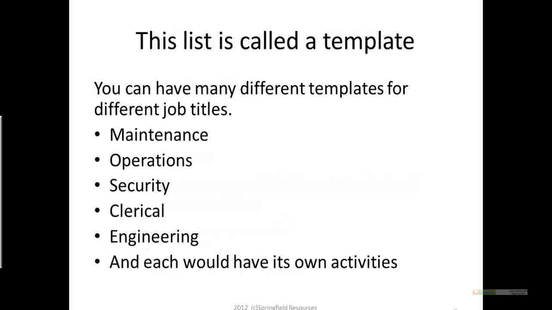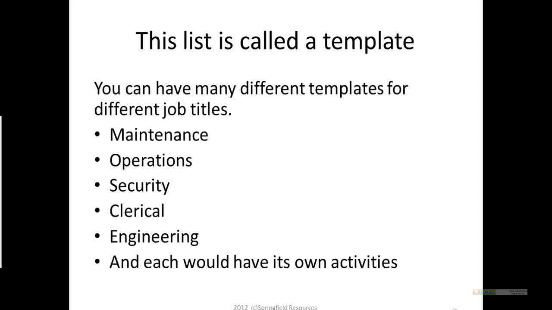Now this is called a template. And if you're doing work sampling, you might have a template for maintenance, another template for operations, and another one for your security force and clerical and engineering. Each job title would have its own activity list or its own template.